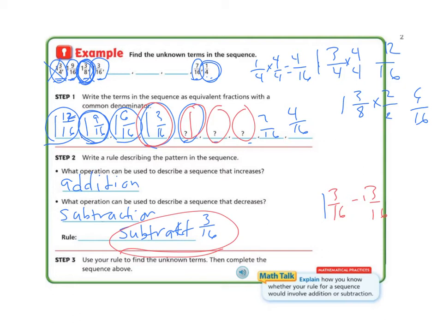Now if I subtract 3/16 from that 1, remember a whole number could be any number we want. So I'm going to change this whole number so that it has 16 on the bottom. So I'm going to change it to be 16/16. That way I can subtract much easier. So if I have 16/16, that's my whole number because I changed it out, right? For fraction pieces. And I'm going to subtract 3/16.